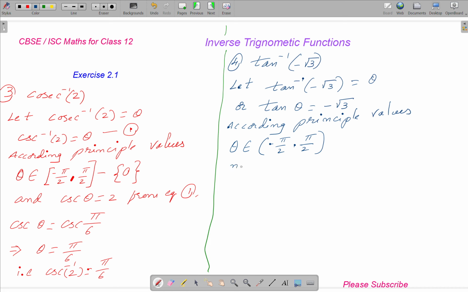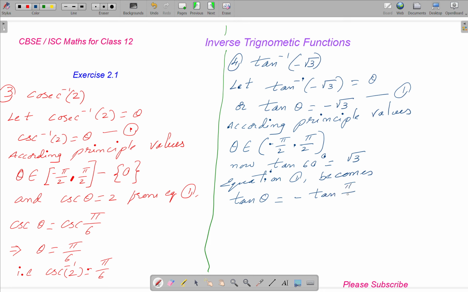Now tan 60 degrees is equal to root 3. So the equation becomes tan theta is equal to minus tan pi by 3, that is equal to tan of minus pi by 3.